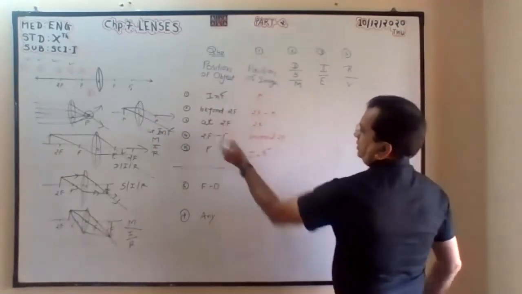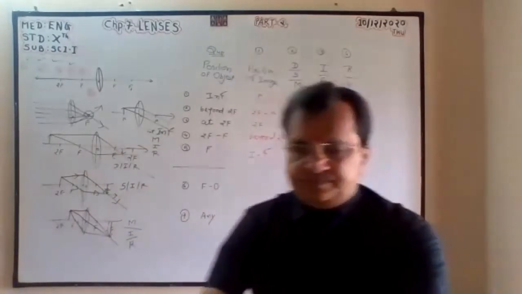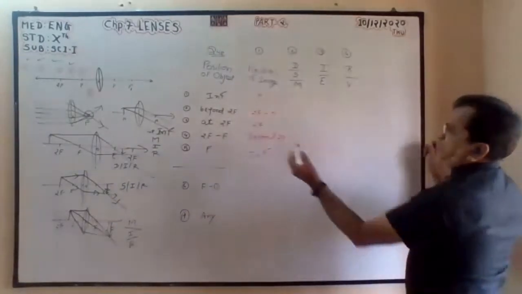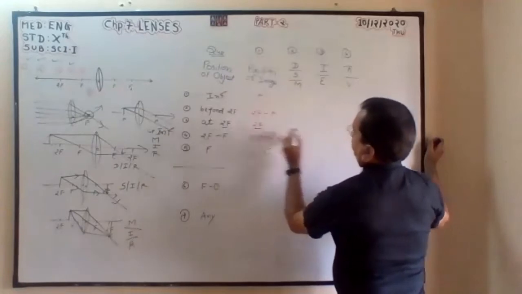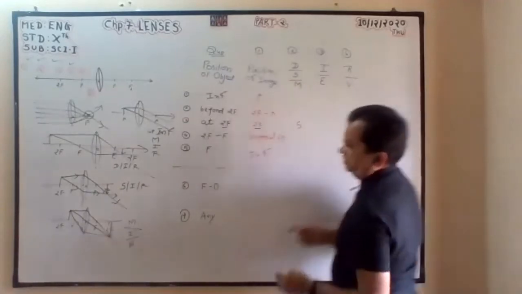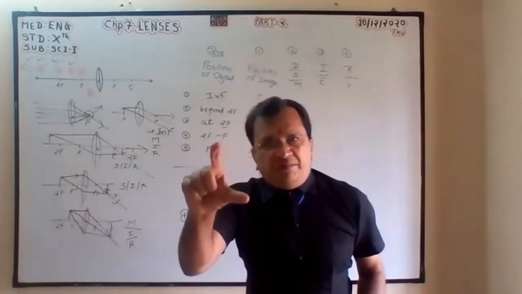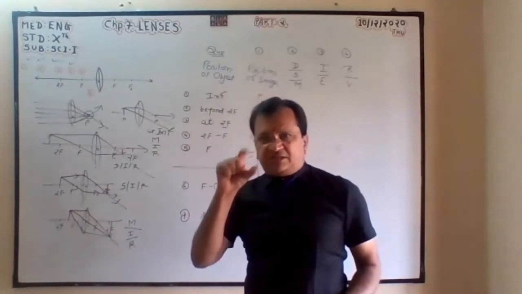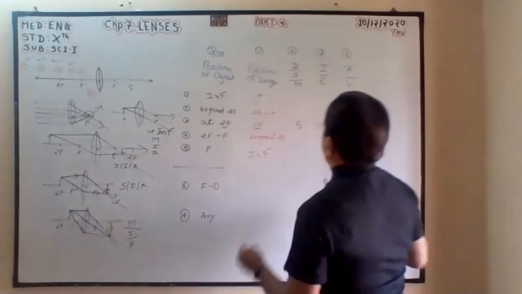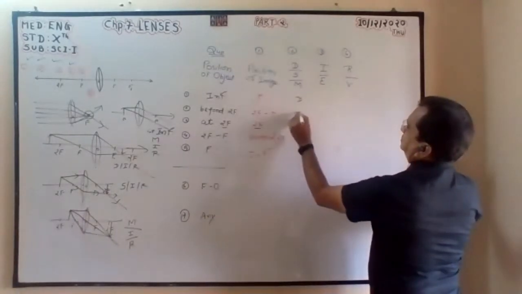Now, here, 2F to 2F means same to same, same height. Not more than the object, not less than the object, means same. First two are diminished.